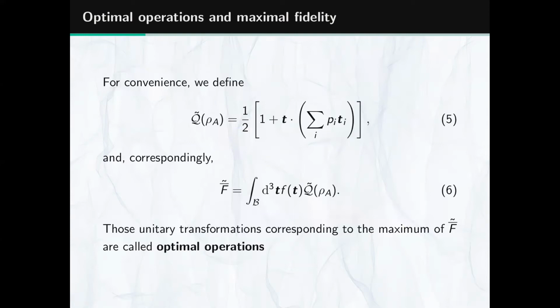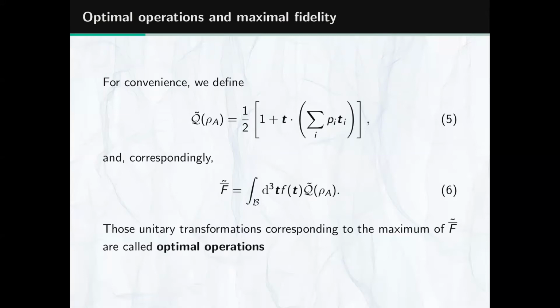For convenience, we define F tilde and Q tilde, and this will be the quantity that we want to optimize.